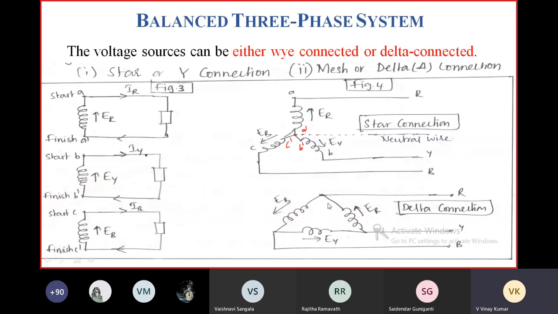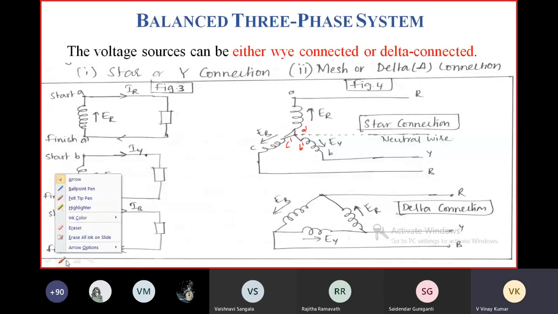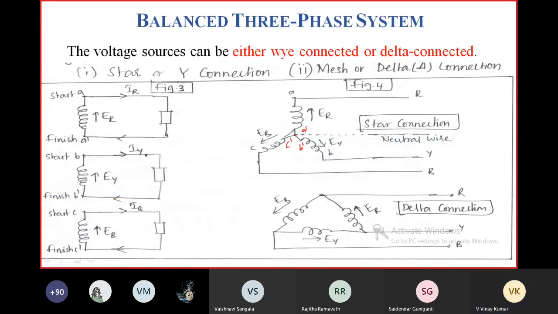Now, coming to delta connection. This is A dash, then this will be B dash, then this will be C dash. These two are C dash A, these two are dissimilar ends.